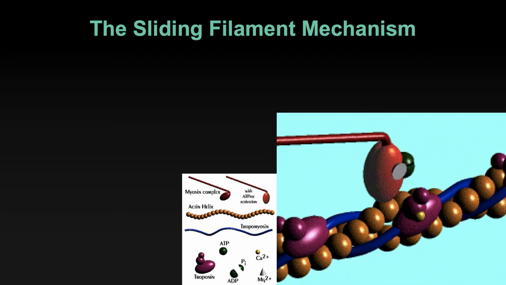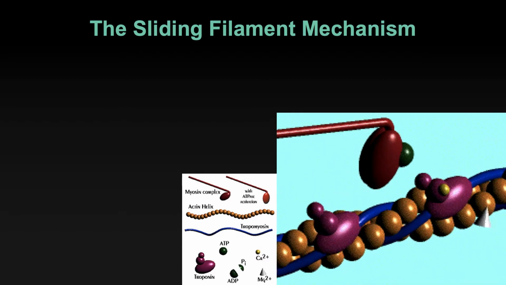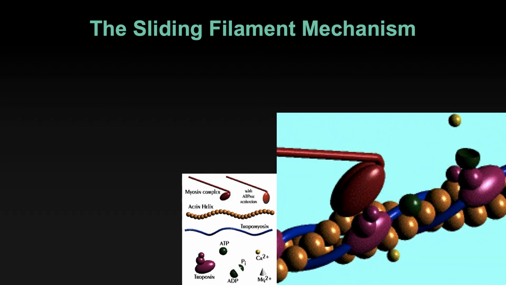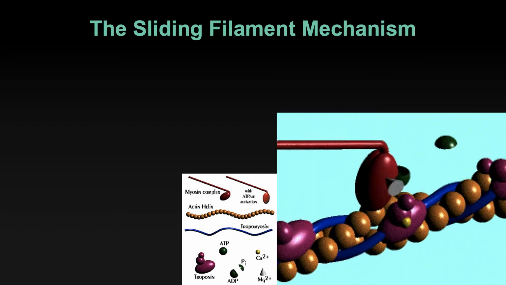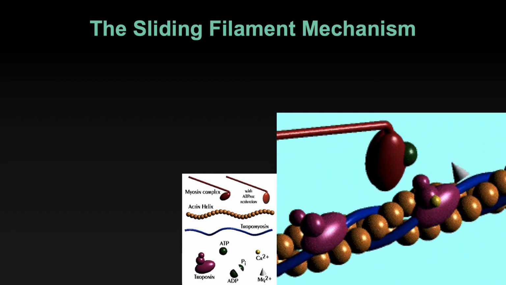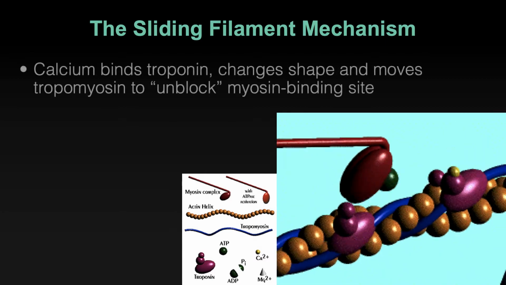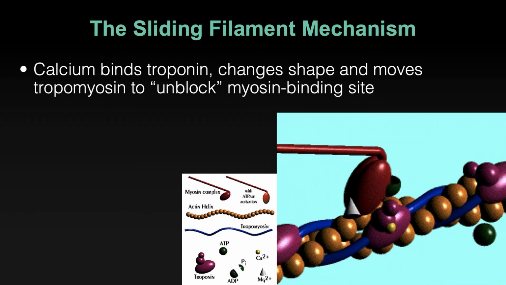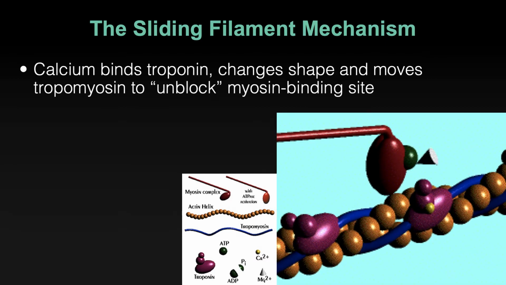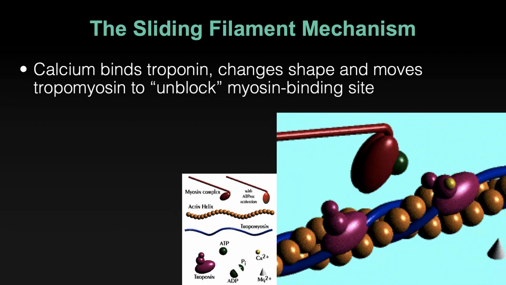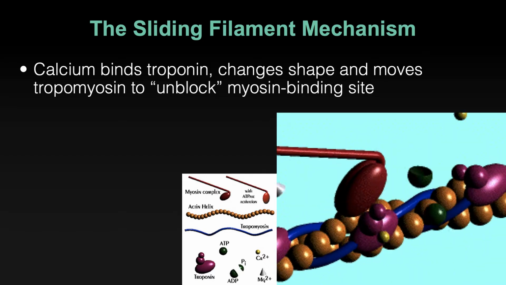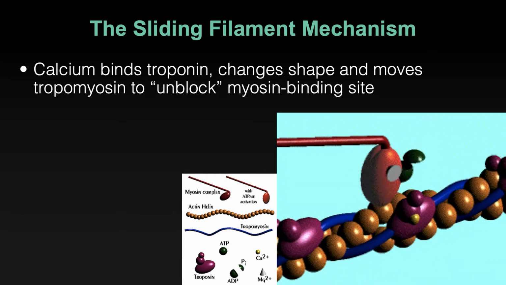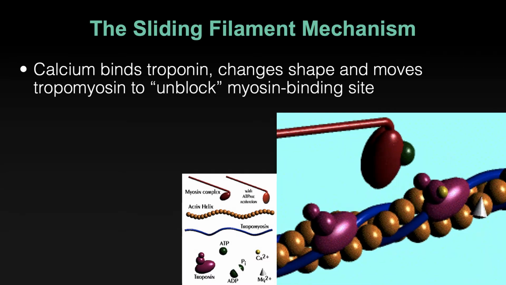So, the sliding filament mechanism, all those players that we just saw in the video are shown here. It's a good exercise for you to try to identify each one and figure out the sequence as we go through. But basically, as soon as the action potential is delivered, you have this animation in the slides on Moodle, so if you put it in full screen, it'll run for you.